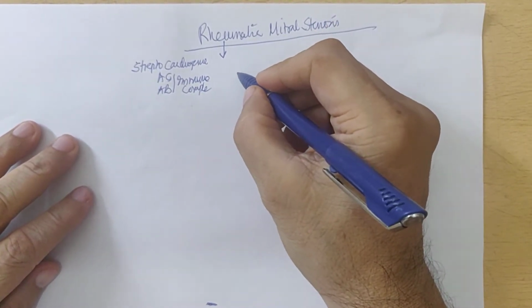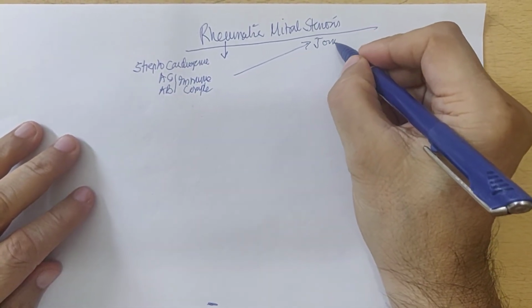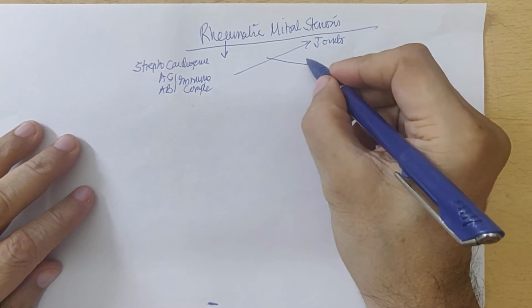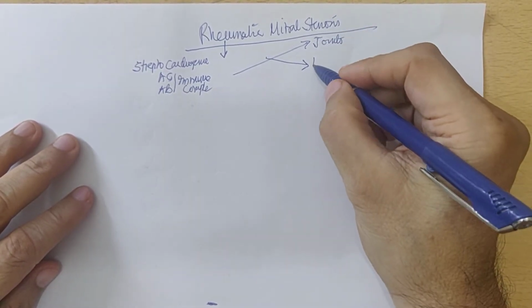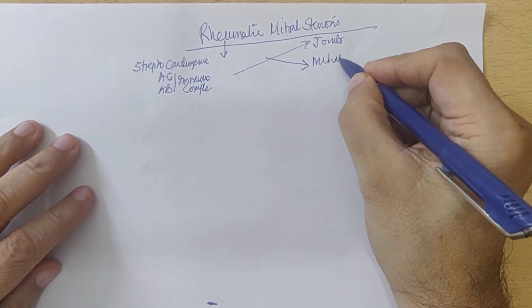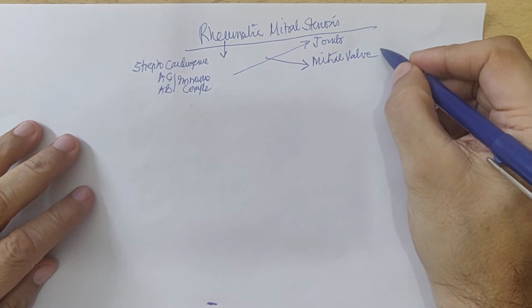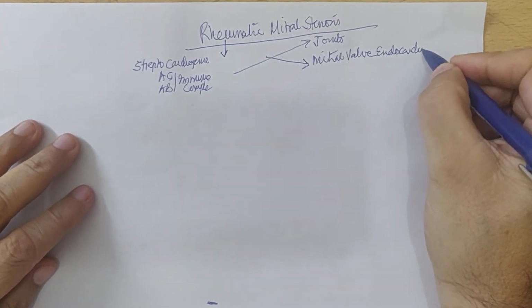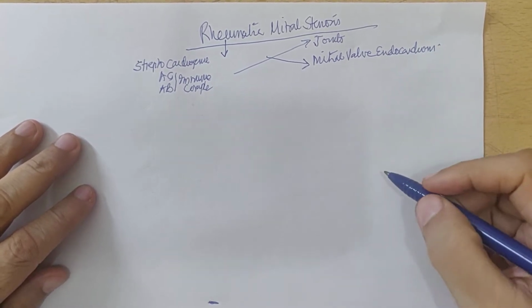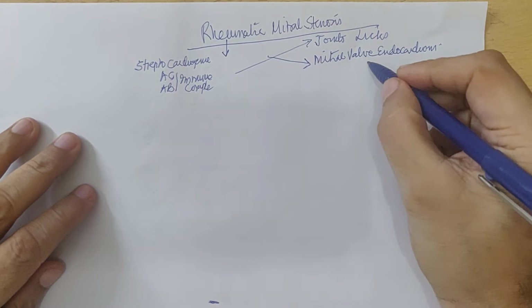These immune complexes deposit in joints and in the endocardium of the heart. In this particular case, it is the mitral valve endocardium. So it licks the joints but bites the heart.